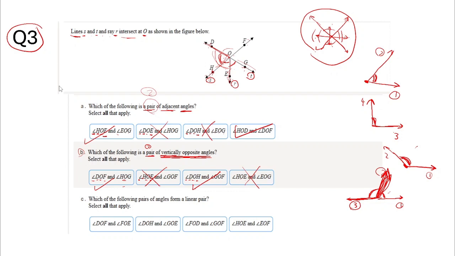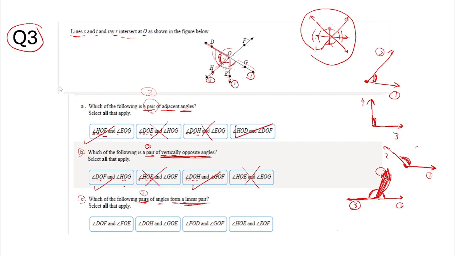Okay, now part C. Which of the following pairs, that means two, of angles form a linear pair? Okay, what is the linear pair?